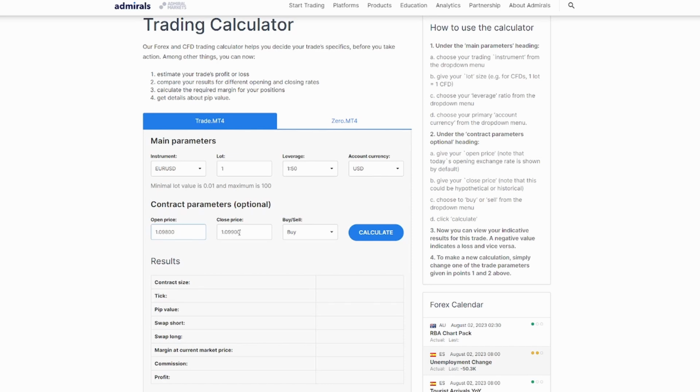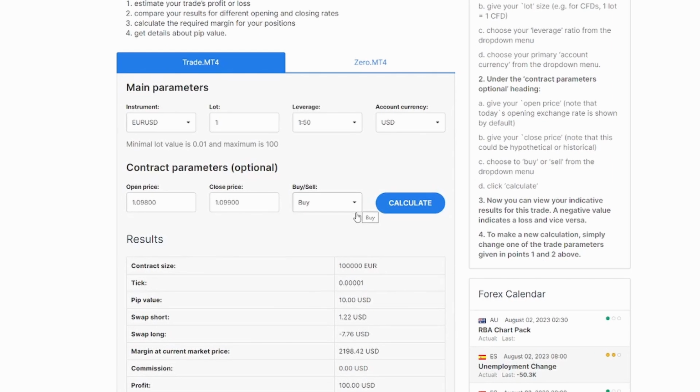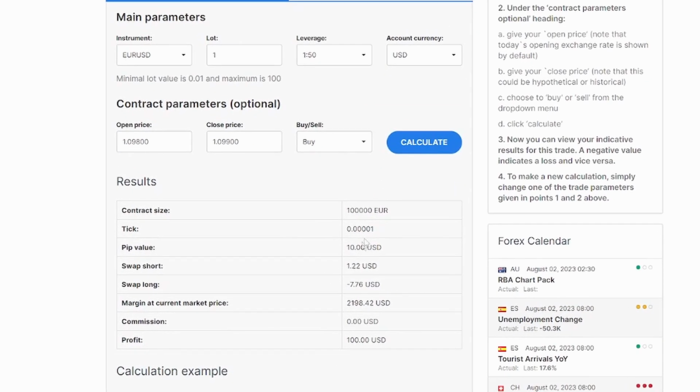This is effectively telling you that you're going to be making 10 pips on this trade, since we know that 1 pip is the 4th decimal point. Then you simply hit calculate, and it should show you how much a tick is, what the pip value is, and what your overall profit will be for this trade. In this example, it's going to be 100 US dollars on a 1 standard lot with a 1 to 50 leverage.